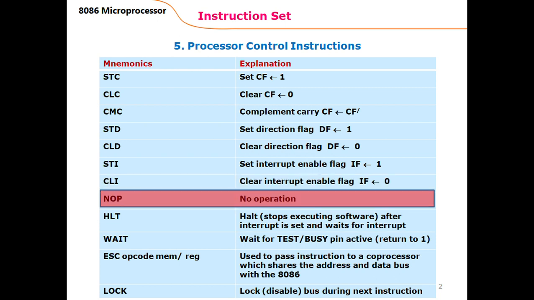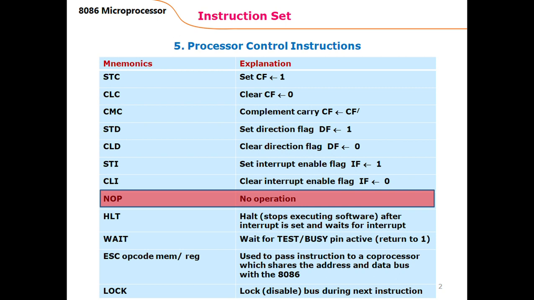Then there is a no operation instruction. This instruction does nothing, as the name indicates. In earlier microprocessors or in earlier programming, this instruction used to be used for adding delays, because it does nothing. So by adding it a number of times, the microprocessor would spend a small amount of time on executing this instruction, and that would add that unit of delay.